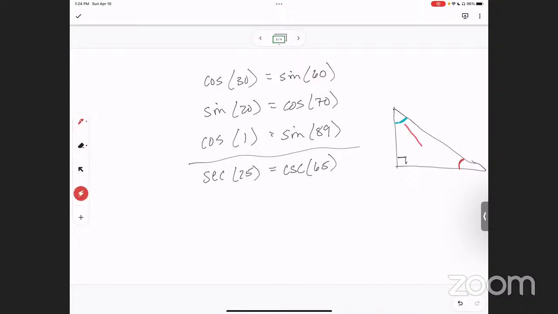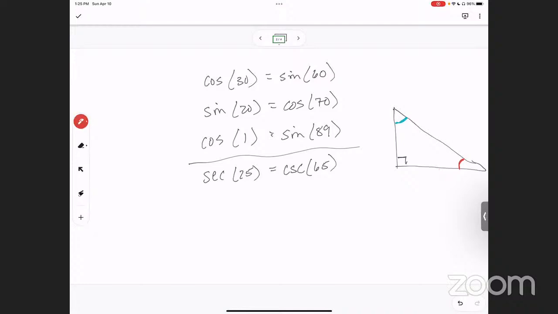And isn't the sine of the blue one the opposite over hypotenuse? Isn't that going to be the same as the cosine of the red one? Because that's going to be the adjacent. Whatever the opposite of the blue one is, it's the adjacent of the red one, if they're complements of each other. And that's why that works.